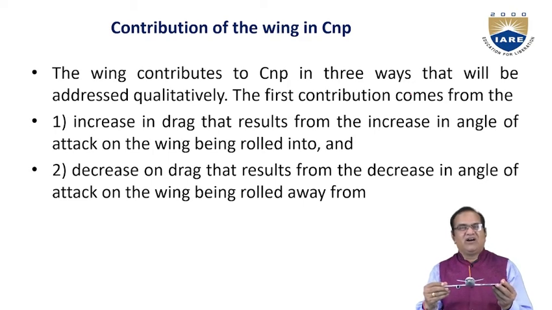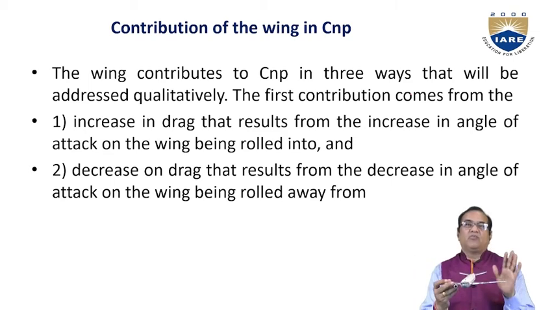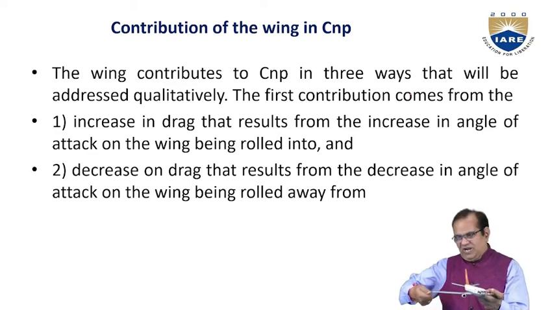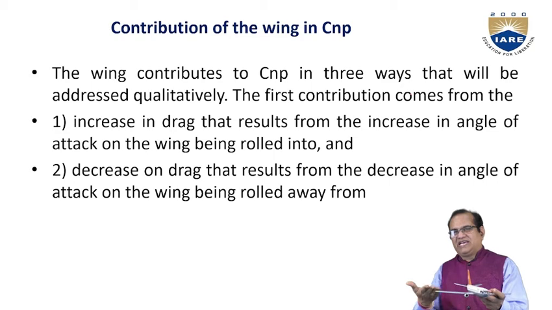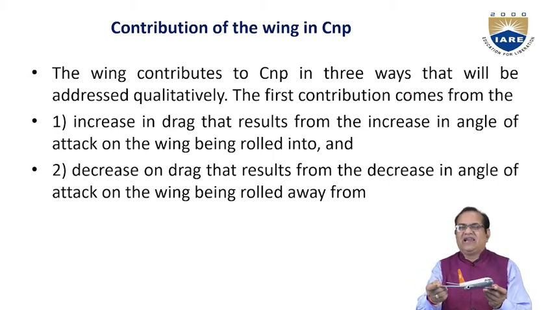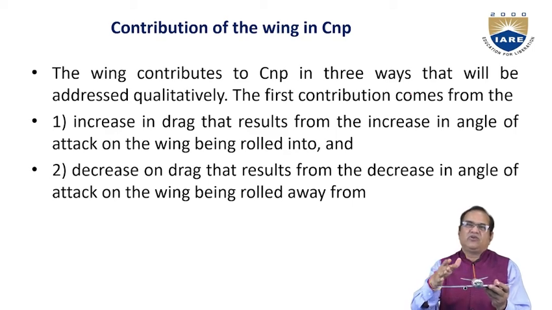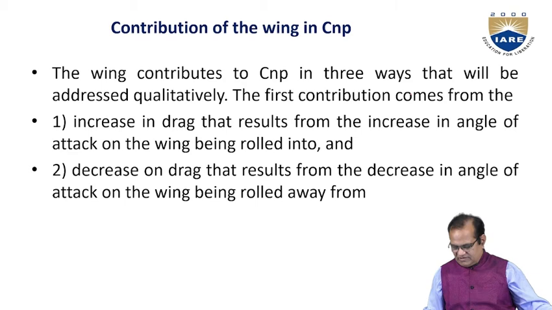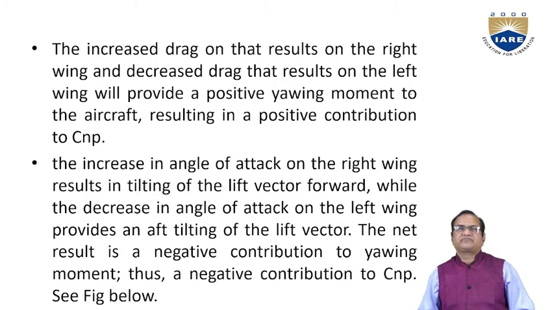We are not making a yaw, we are only changing roll, but due to this roll, the angle of attack on the left and the right are different, and they produce different drag, and this drag will pull in the horizontal XY plane. So it will make it yaw like this or like this as per your roll conditions. That is the contribution of the wing.